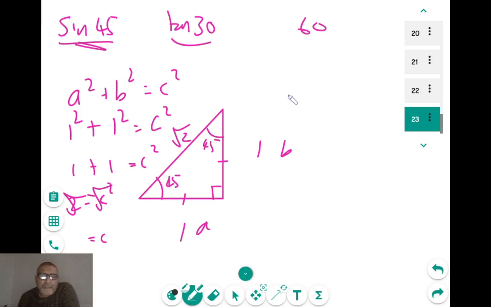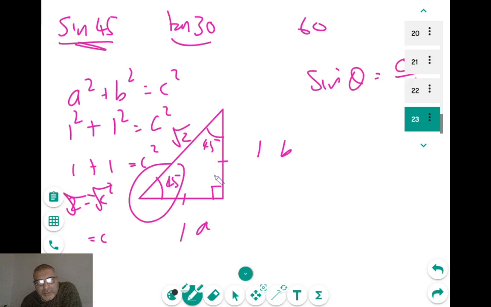So if I'm going to look at sine 45, I can pick either angle because both of them are 45. So I'm going to pick this one. Sine theta equals opposite over hypotenuse. In this case, opposite is 1 and hypotenuse is root 2.